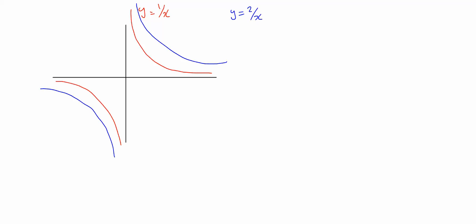So that is y equals 2 over x. But they all have a similar shape. Y equals 1 over 2x would look like that, because each value of y would be half of the value on y equals 1 over x, the red graph.